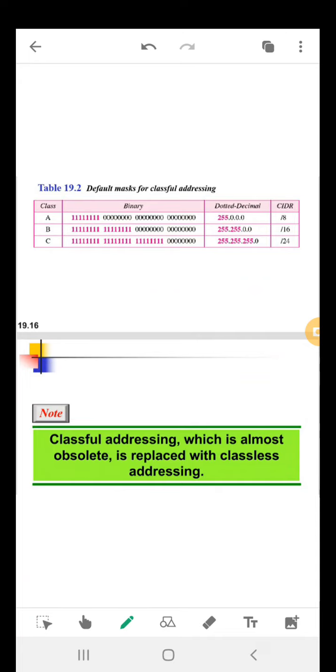Similarly in class B, the first 2 bytes give us the network ID information, so the first 2 bytes are 1s followed by 0s. If I convert that into decimal format, it is 255.255.0.0. Similarly in class C, we know the first 3 octets give us the network ID information, so they are all 1s and the last byte is 0s.